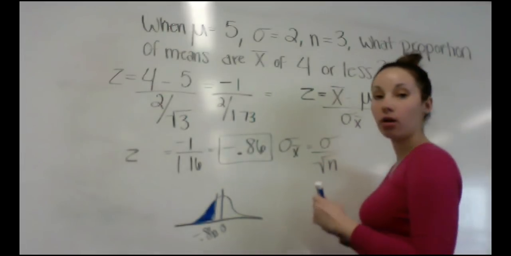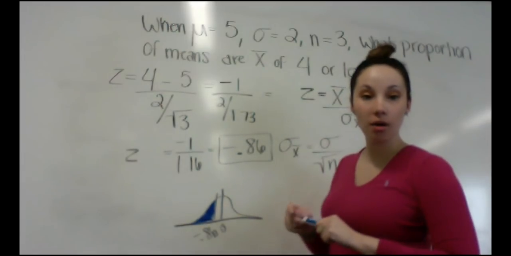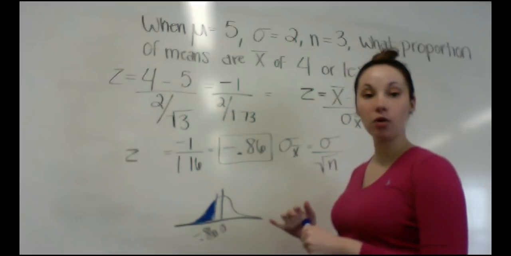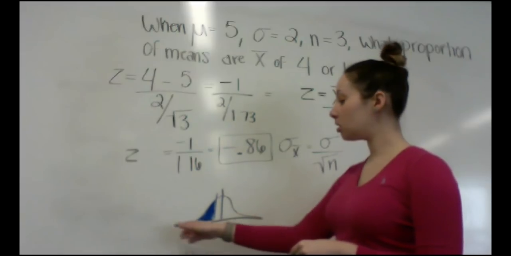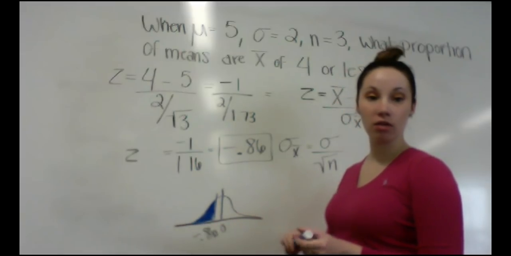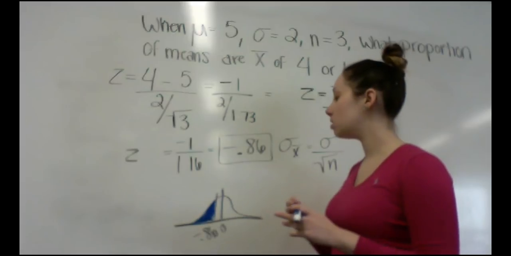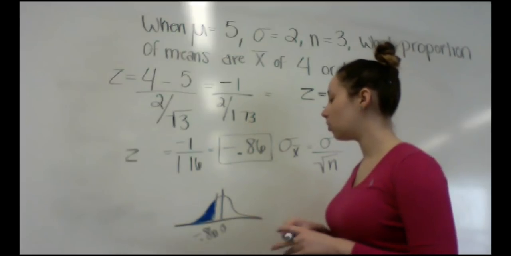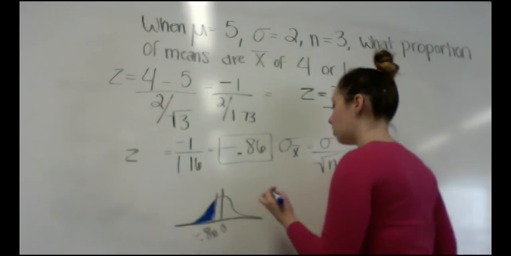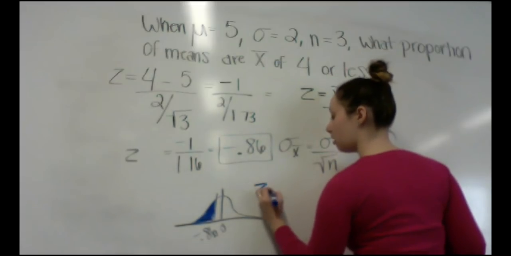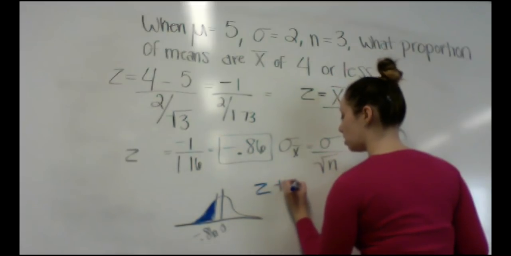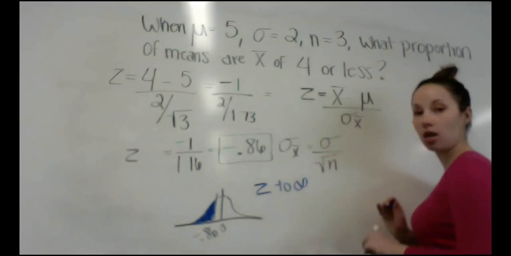So if you remember, the column on the z table that we're going to be looking for is z to infinity, because we are working with the outskirts of the z distribution. We're working with the tails of the distribution. So we want z to infinity, or column C, as it's called on that table.